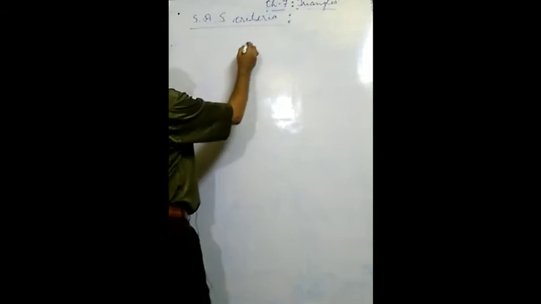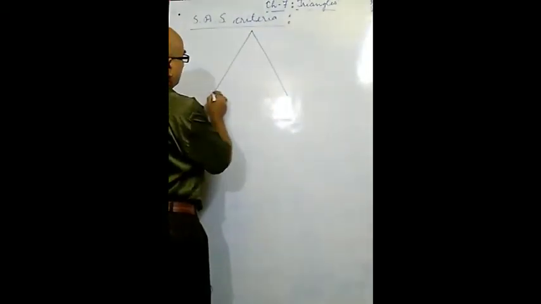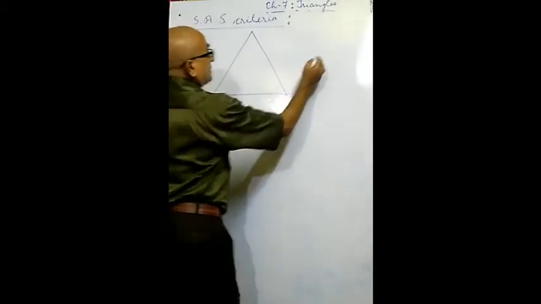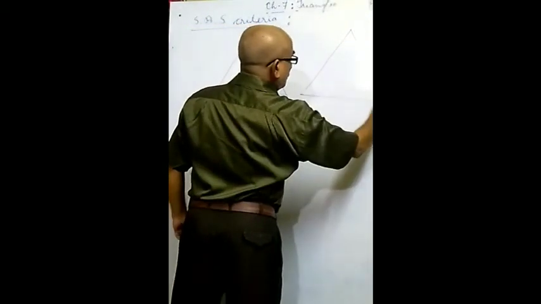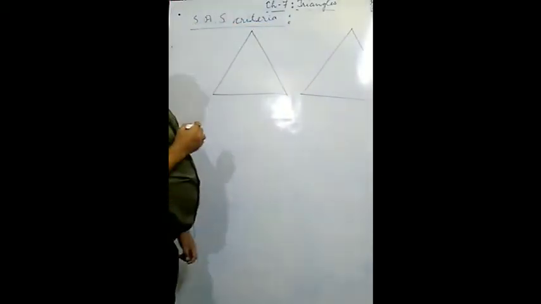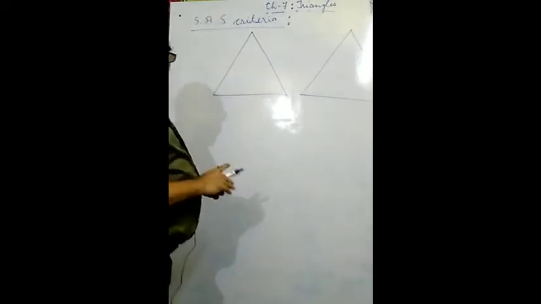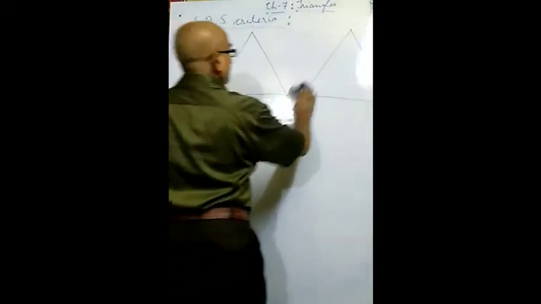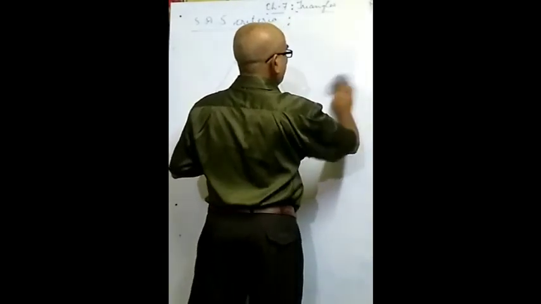Suppose a triangle is there. This is a triangle. Second triangle is also there. Two triangles are already given. Let me rub it and draw it once again.